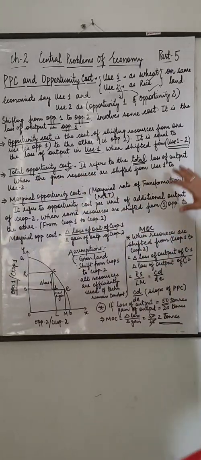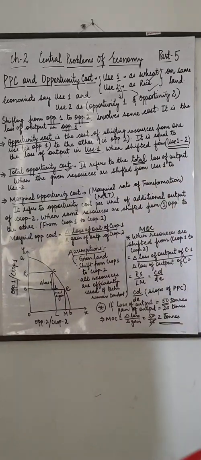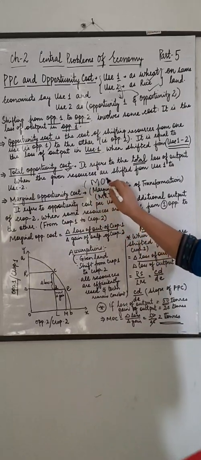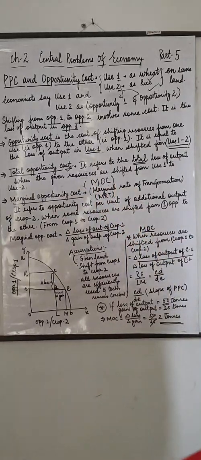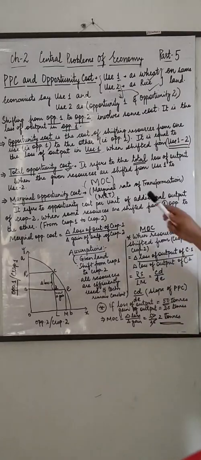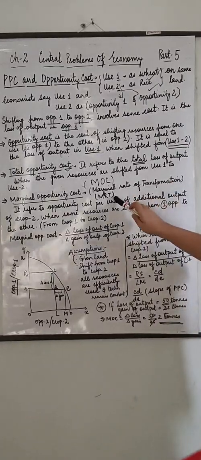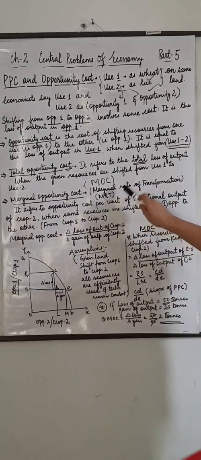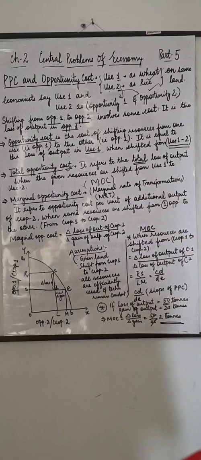With this, we get one more important concept, that is marginal opportunity cost, which is also termed as MOC. MOC is also known as marginal rate of transformation, MRT. So whether MOC is asked or MRT is asked, it is the same. Now we'll understand what is MRT.